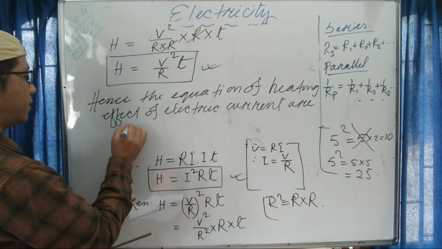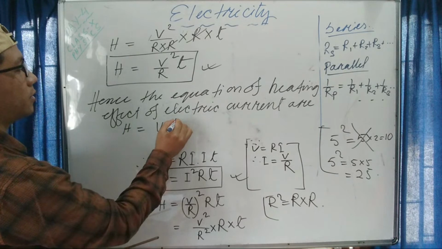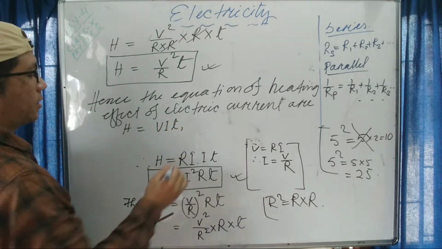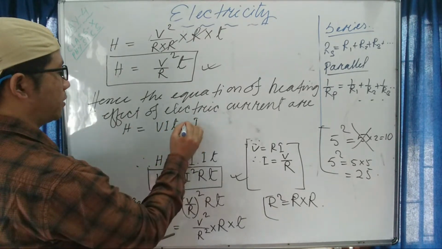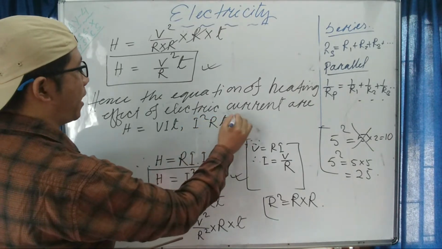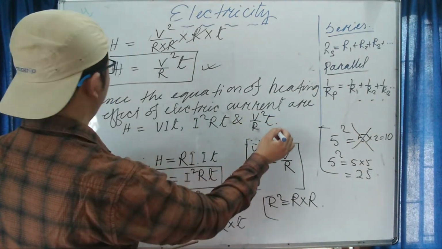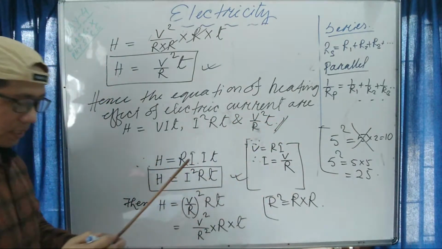We already know that it is equal to VIT. We know, right? And the second one is also equal to, we can write, no problem, I squared RT, and V squared by RT. All right, so like this we can derive.